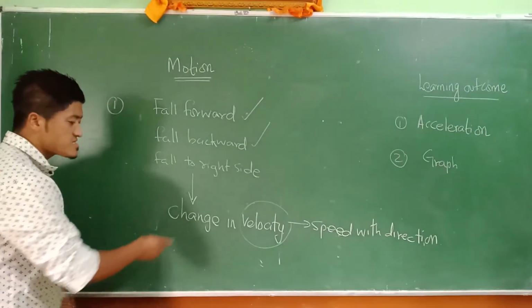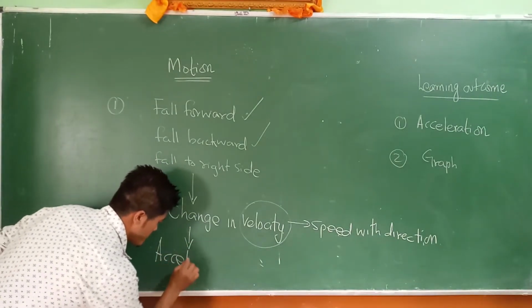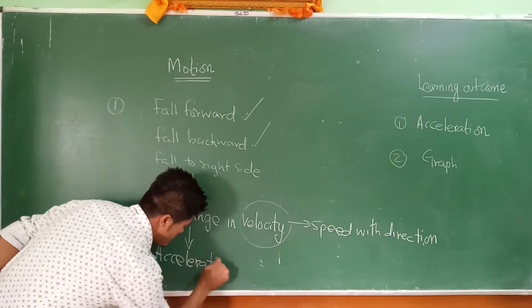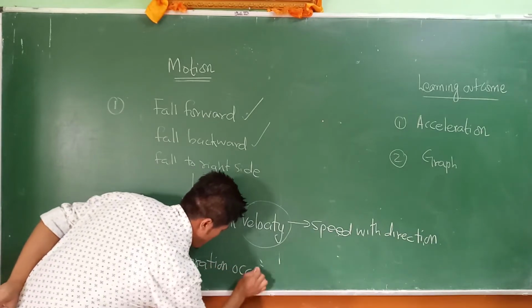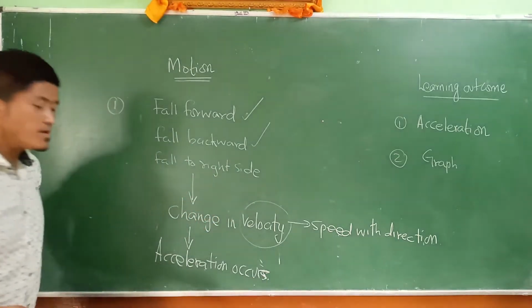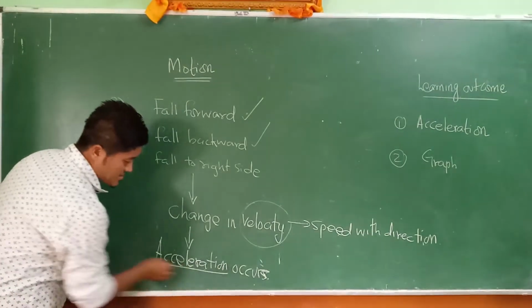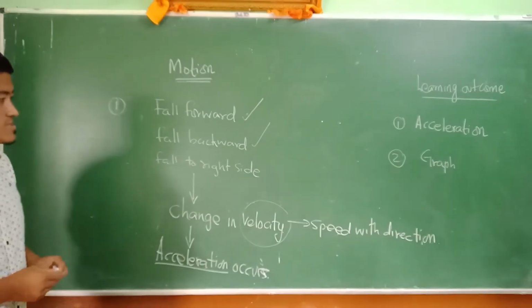So whenever there is a change in velocity, we say acceleration occurs. Right? Acceleration occurs. So now you might be thinking, what actually is acceleration? Right? So let's go for it.